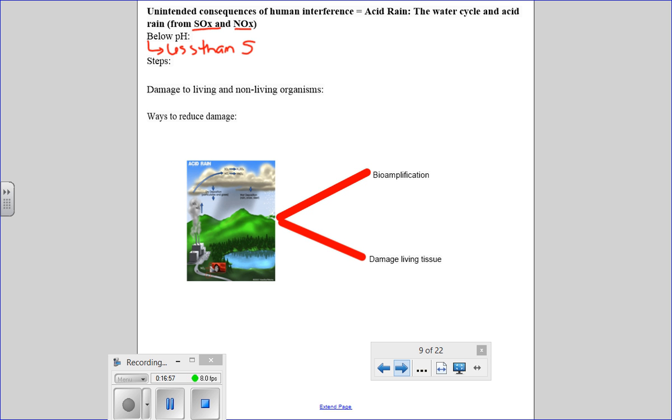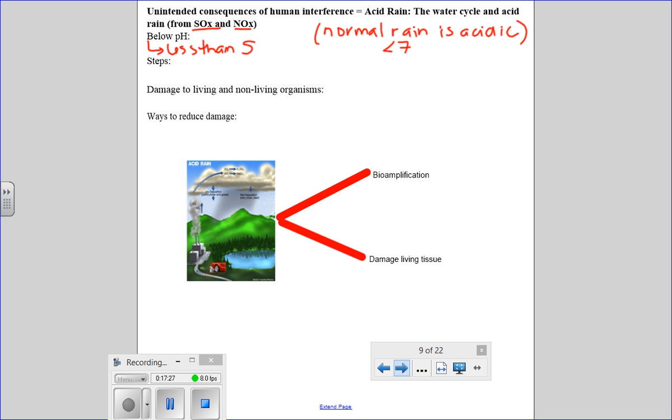One that said anything less than 5.6, another that said 4.5, and another that said 4.8. There were numbers all over the place. What I want you to understand is that normal rain is acidic, but only slightly. That means its pH is less than 7, but not by a lot. Maybe by just a tiny bit.